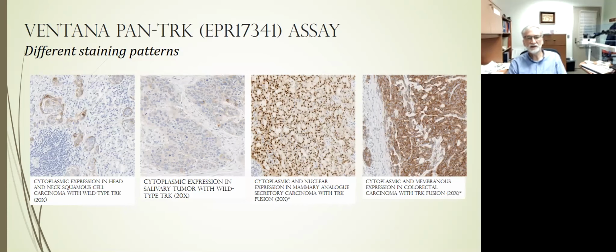When the tumors are looked at for the expression of pan-NTRK or the TRK C-terminal region of NTRK protein, we frequently encounter a weak staining in tumors, like in this case, a head and neck tumor, or in this particular tumor of a salivary gland.